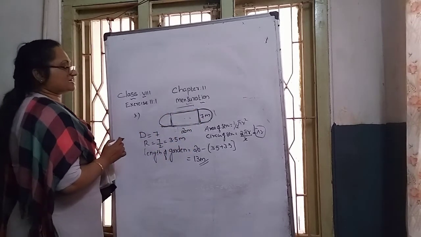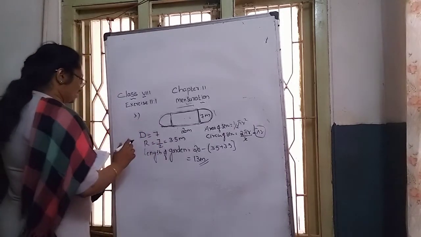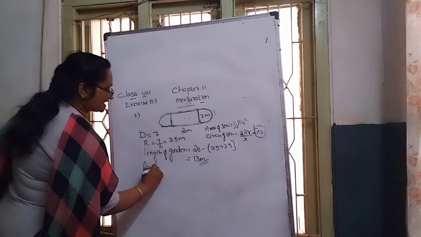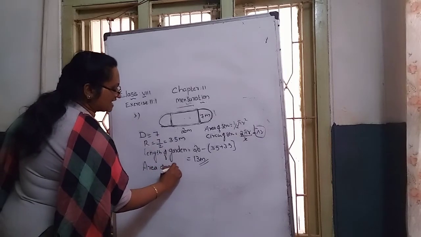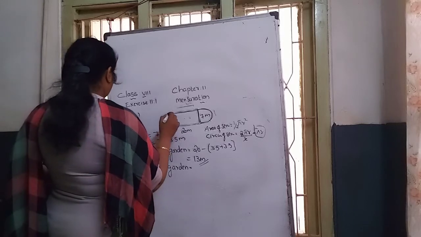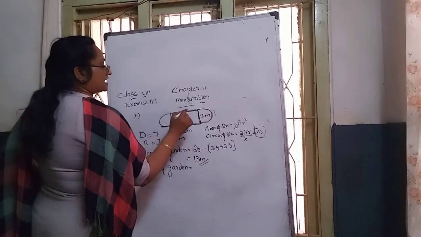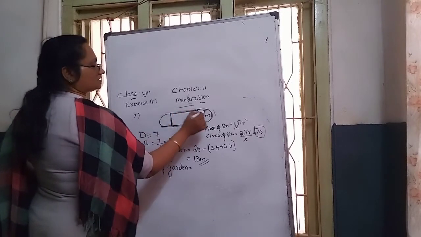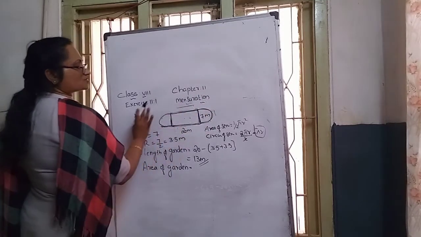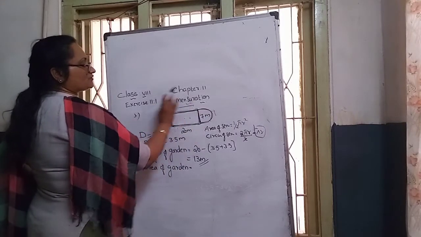The question is saying that first we find the area of the garden. How to find the area of the garden? First we find the area, afterwards the perimeter. The area of the garden is equal to the area of this rectangular region added with the semicircles. The left side is a semicircle and the right side is also a semicircle, so 2 times the area of the semicircle gives the full area.